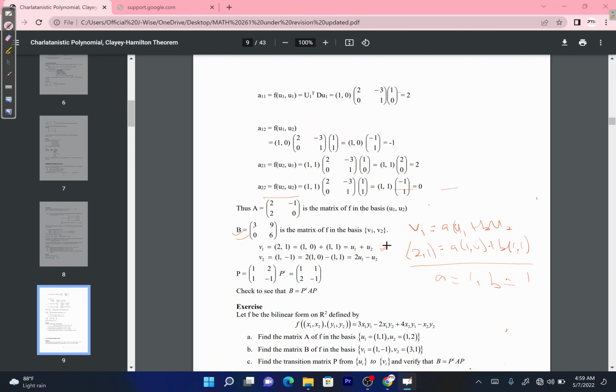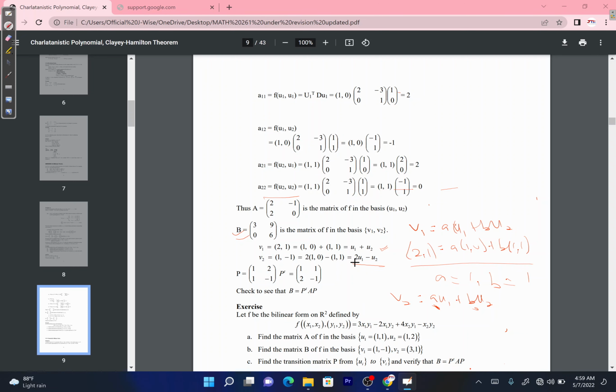Also, you express v2 as a linear combination of u1 and u2. You go through the same process again. So v2 is given by a u1 plus b u2. When you solve that, you get a to be 2 and b to be -1. So you get 2u1 minus u2.